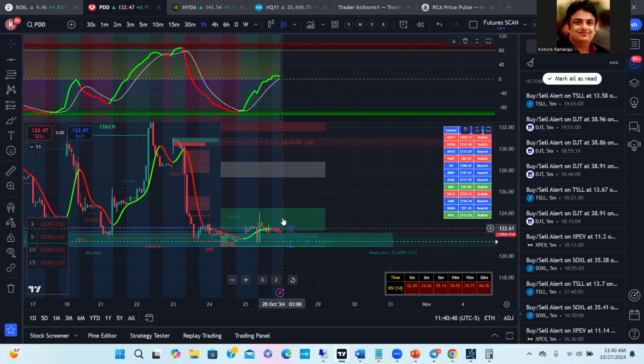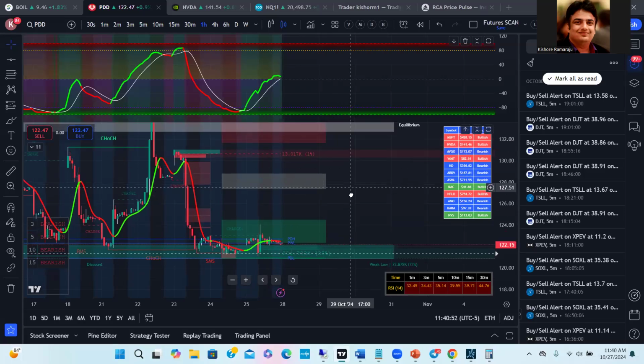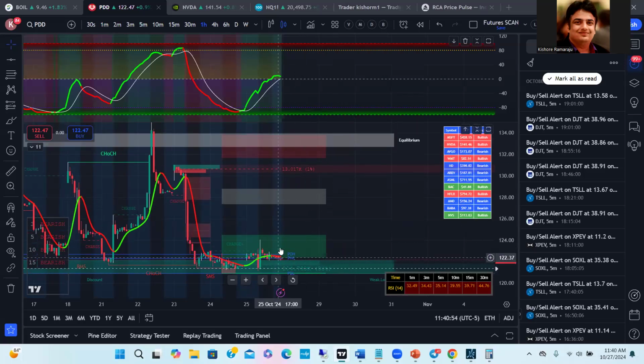So if it goes only above 125.2, then only you are at a profit. But if it goes to 123, 124 by Friday, you are at a loss because for a 122 stock, you are getting into an agreement for a $122 price by paying $3.2 for each stock. That means you will lose your money.